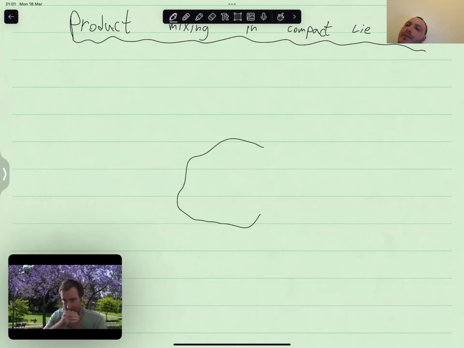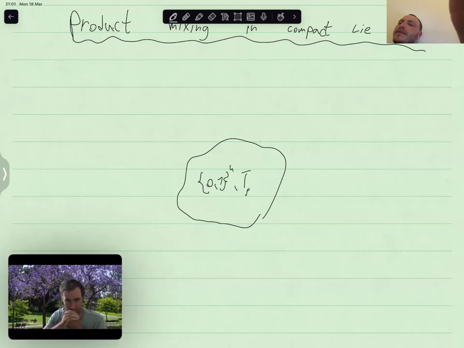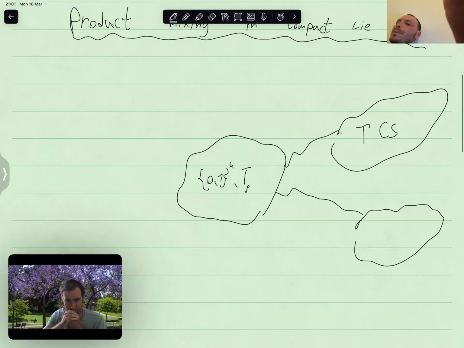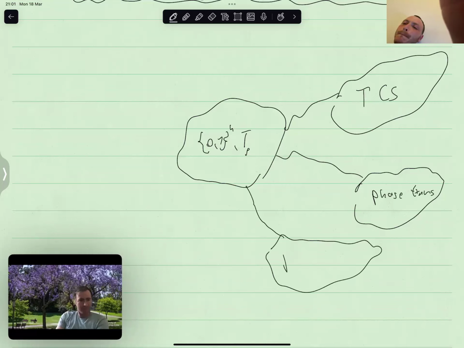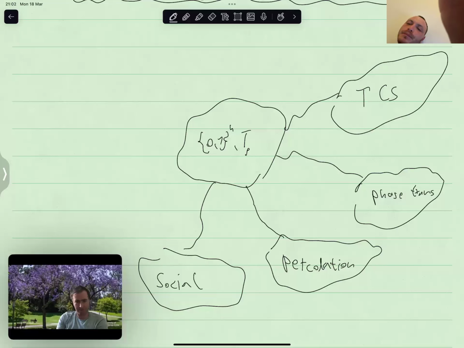So the theory of the Boolean cube and the noise operator has found remarkable applications in various fields. For instance, there are lots of applications to theoretical computer science, to phase transitions, to percolation, to social choice, and extremal combinatorics.